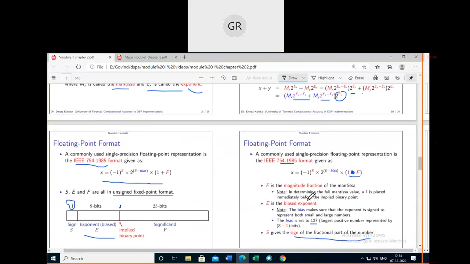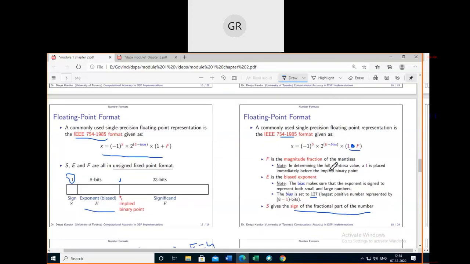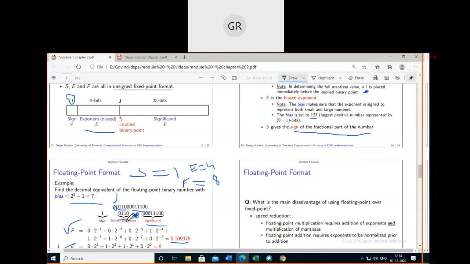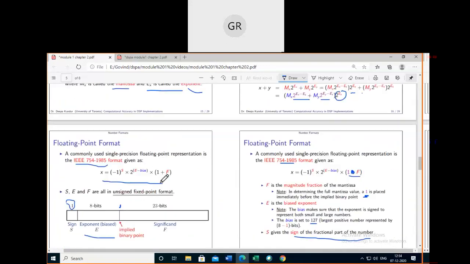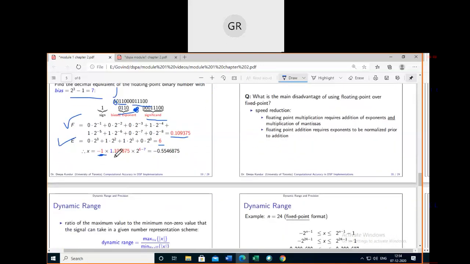Then in determining the full multiplier value, a 1 is placed immediately before the implied binary point. That's why 1 point. This is the multiplication dot only, so change it. 1 dot, what is the f value? 0.109375.